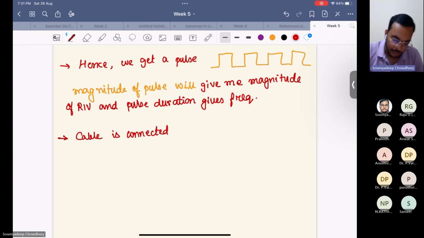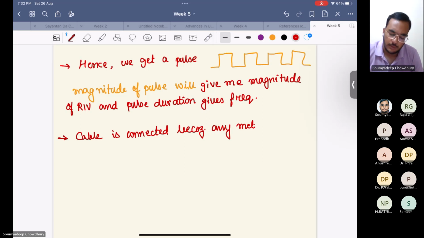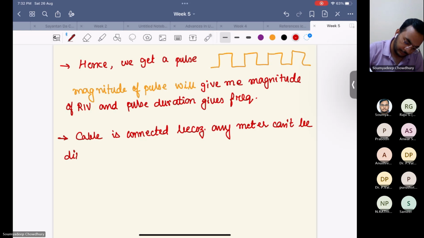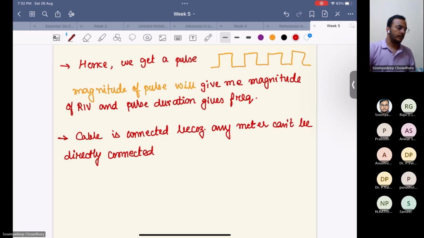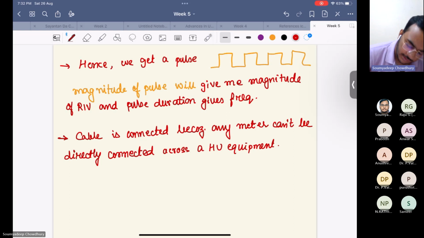So this cable is connected because any meter or any measuring instrument cannot be directly connected across a high voltage equipment.